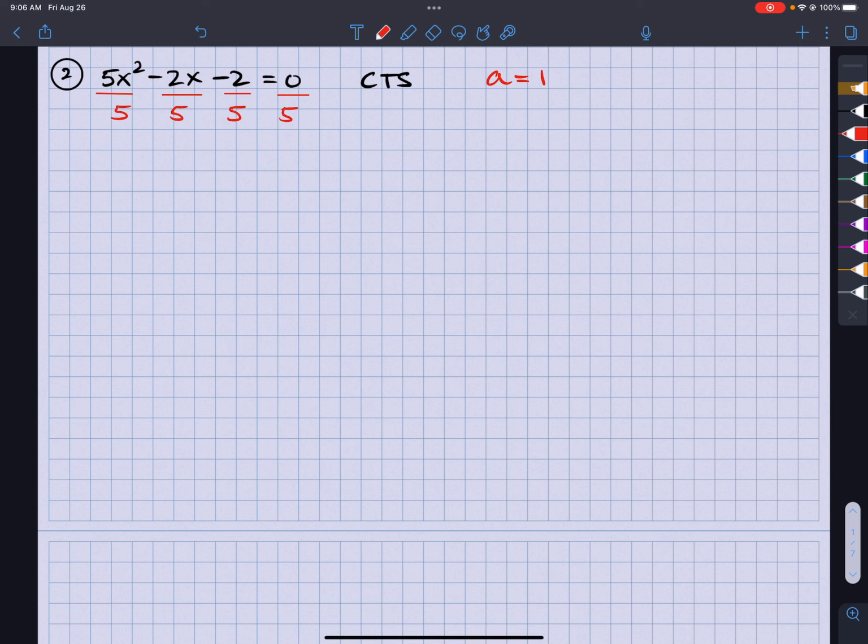There we go. So now I'm going to have x squared minus 2/5 x minus 2/5 is equal to 0.